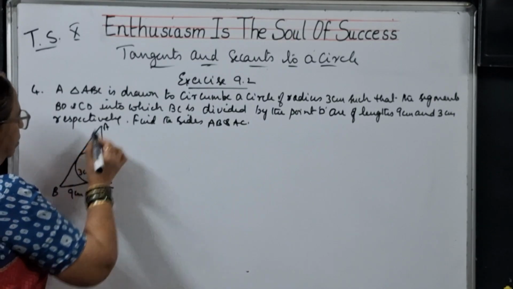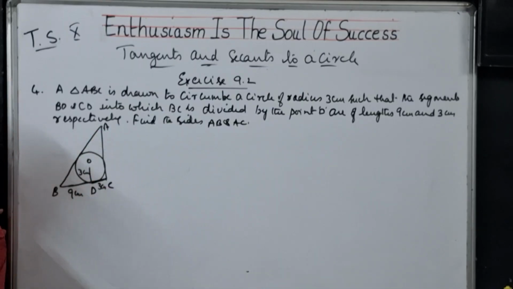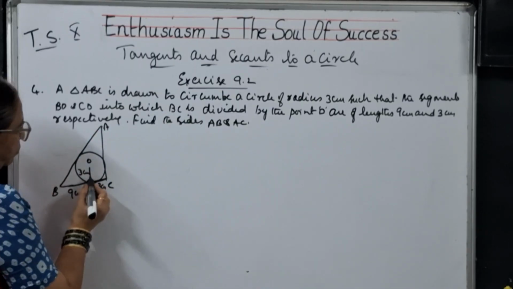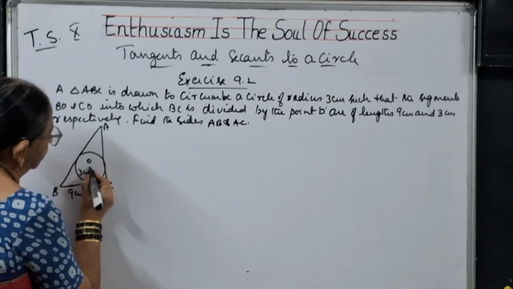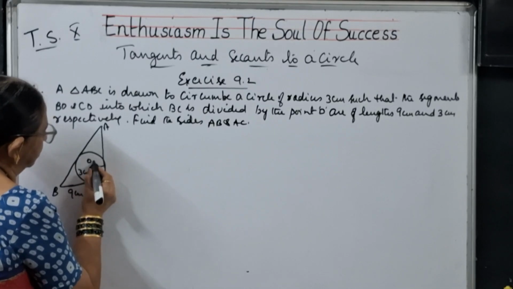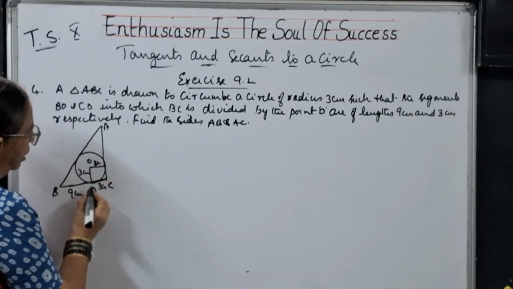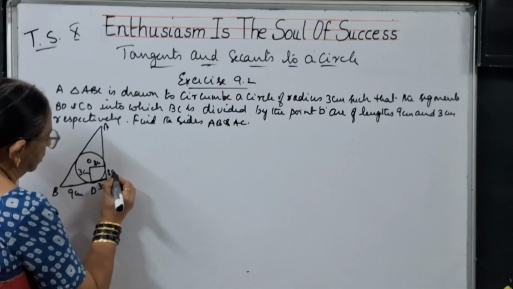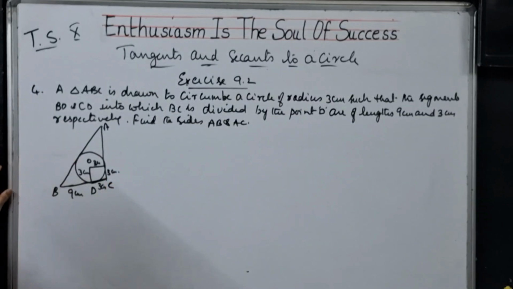Find the lengths of AB and AC. So in this case, if this is 3 centimeters, this is also 3 centimeters.